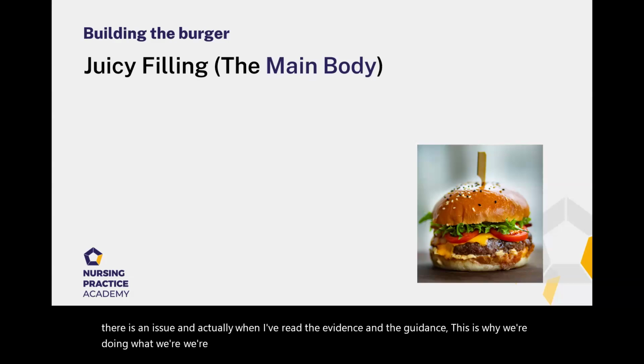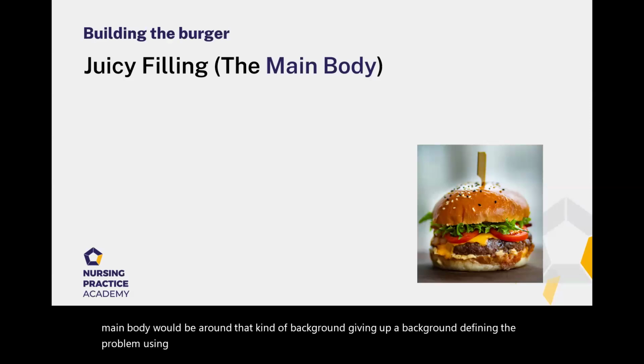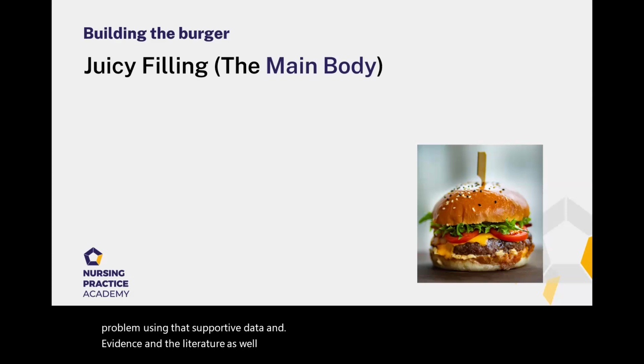The key areas you'd want to consider in the main body would be giving a background, defining the problem, and using supportive data, evidence and the literature to support and emphasize the significance and the value of your plan.